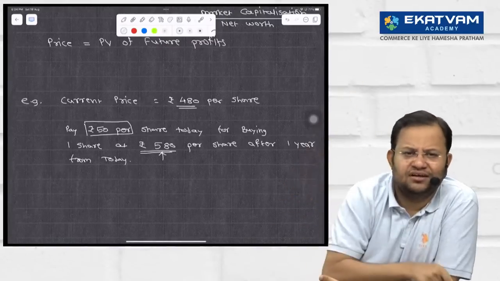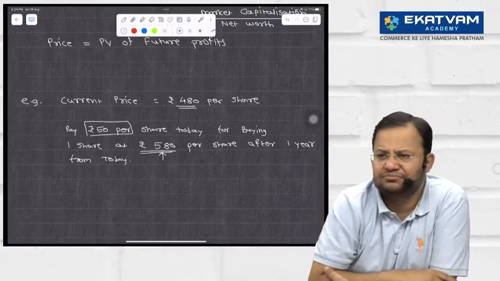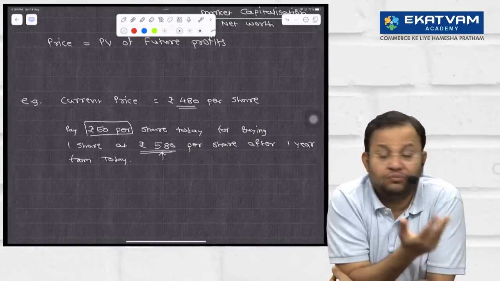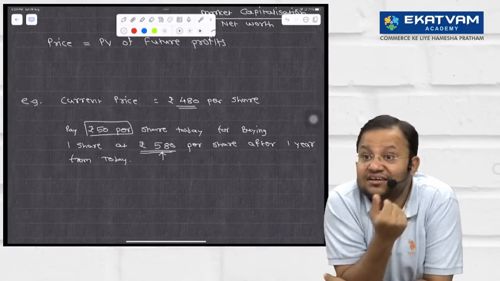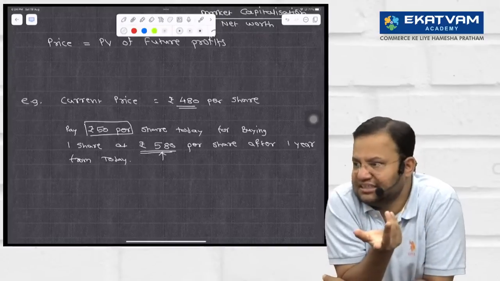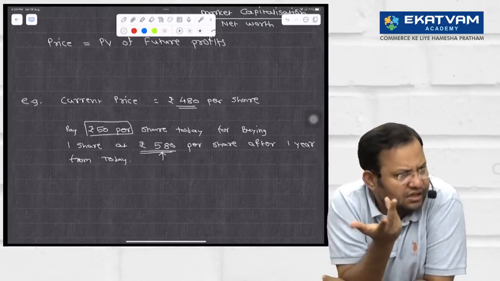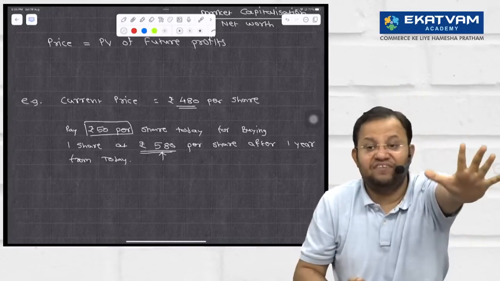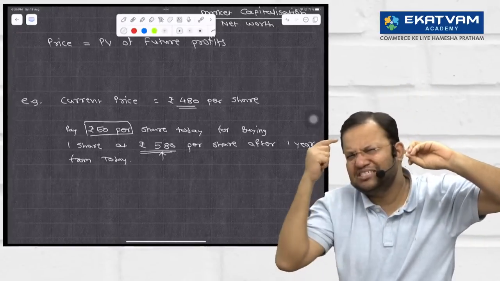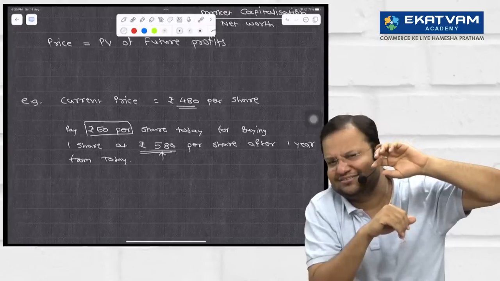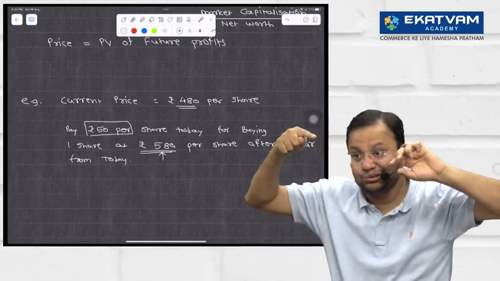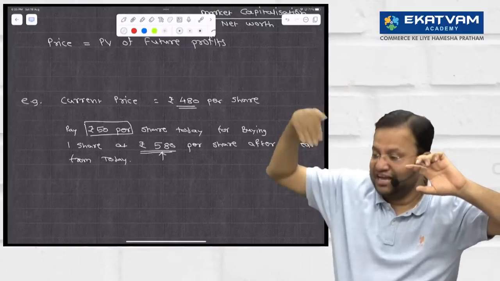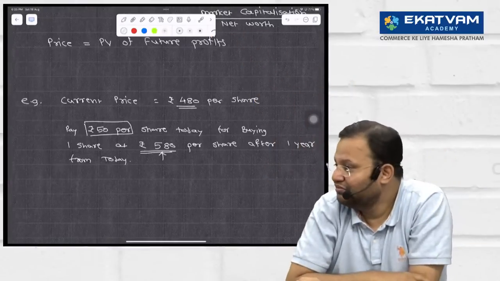Now after 1 year, what if the price is 500? The promoter will not exercise his right, or he may exercise if he still wants. It is his choice. After 1 year, he will have to buy the share at 580 if he exercises. Generally the promoter will buy at 580 if the share at that point of time is above 580.